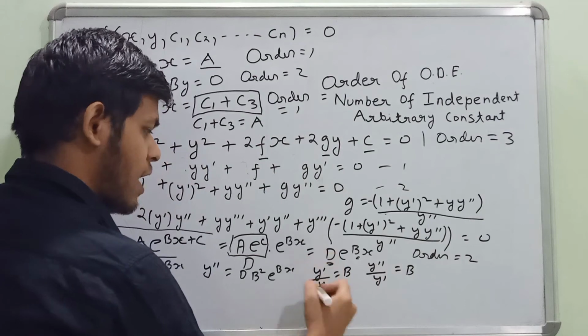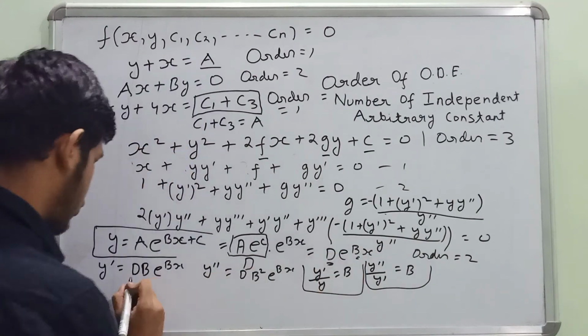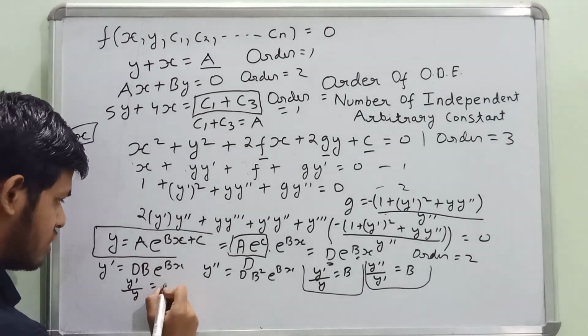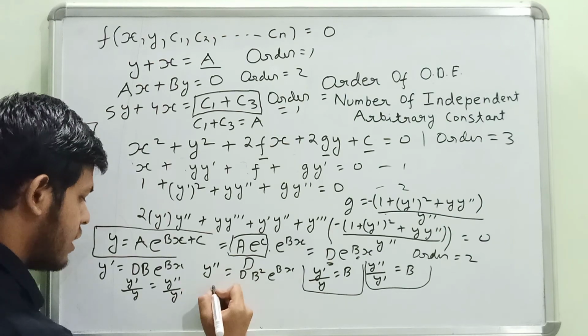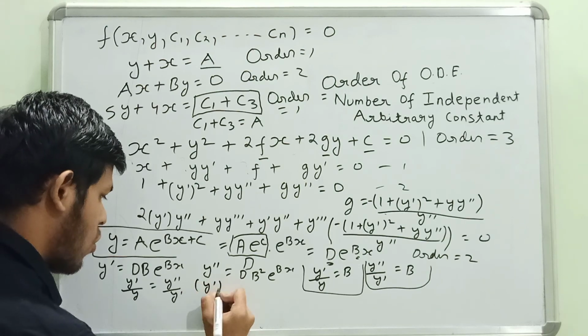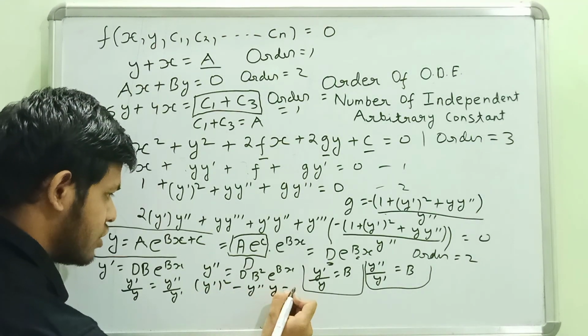So we can compare both the equations and write y dash upon y is equal to y double dash upon y dash. So the corresponding differential equation we will get will be y dash whole square minus y double dash into y is equal to 0.